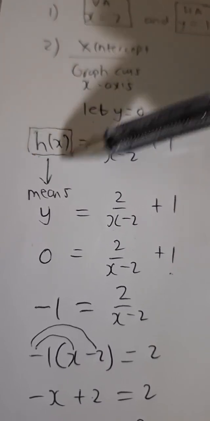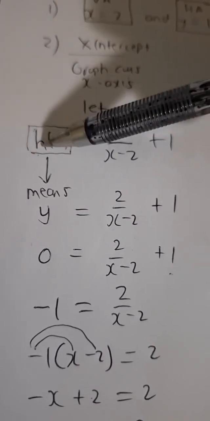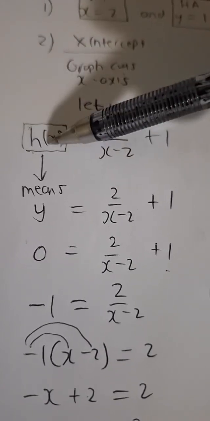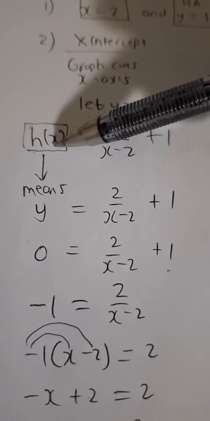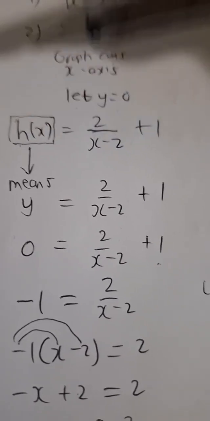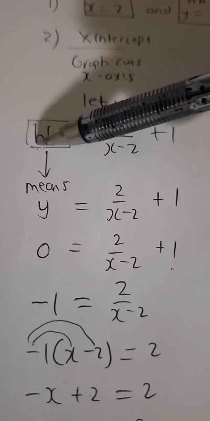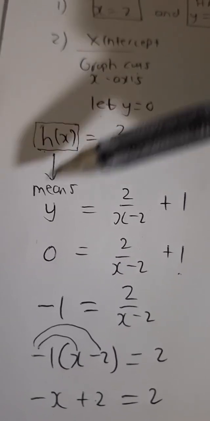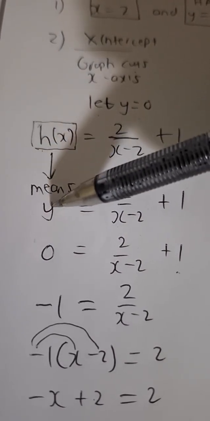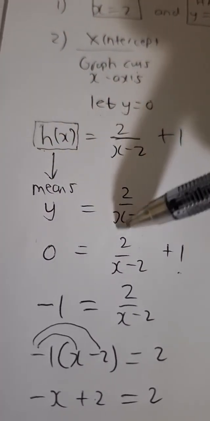Because it's just a unique way to distinguish this hyperbola function we are speaking about. So h of x, f of x, L of x, T of x, any other letter of the alphabet of x means y. So you then have to write the equation y is equal to 2 over x minus 2 plus 1.